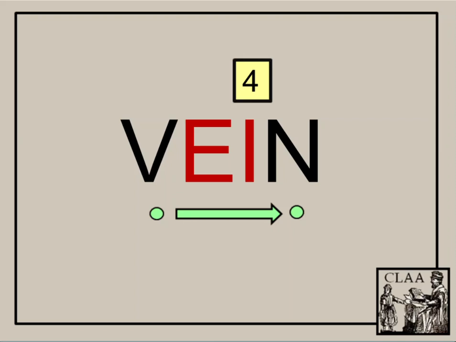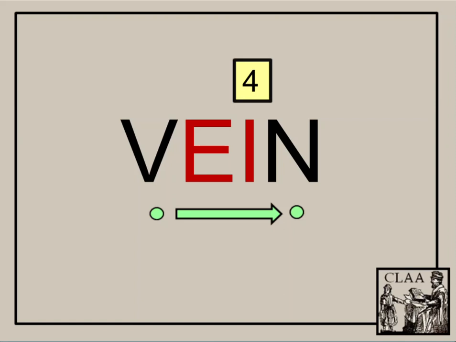This digraph makes the sound A, like the classical A sound we learned in Latin. Let's read this word together. Vein, vein.